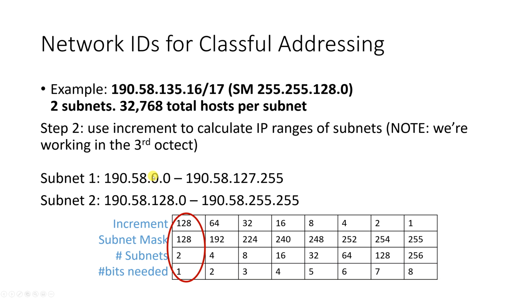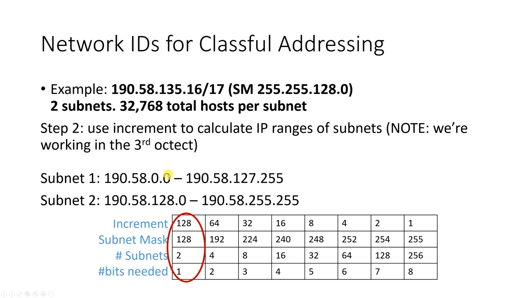So check this out. Look at your third octet. It's going to range from 0 to 127 in the first subnet, and in the second subnet, your third octet is going to range from 128 to 255. That's where these numbers come into play, because we're working in the third octet.